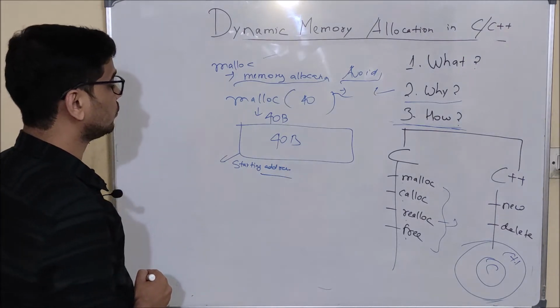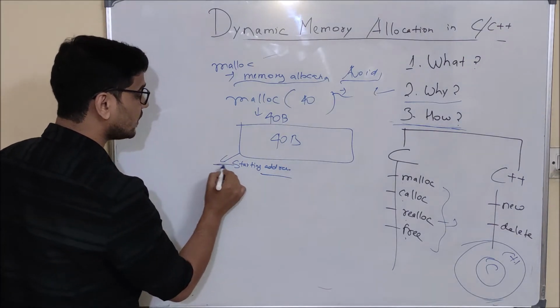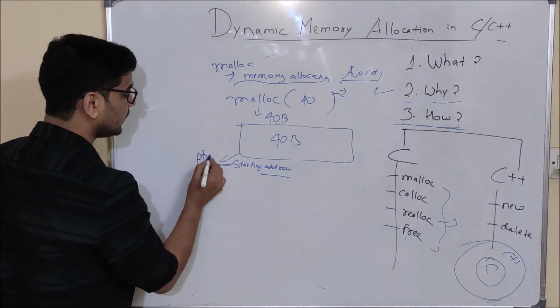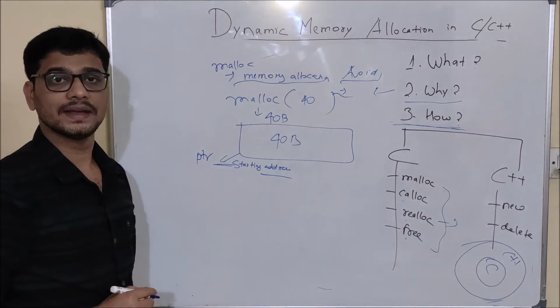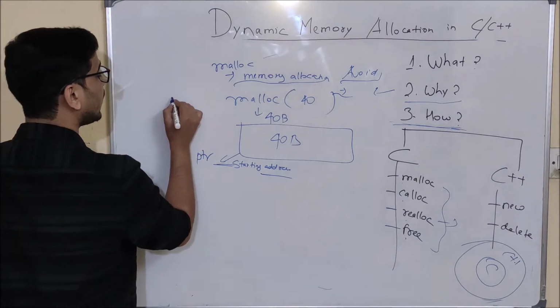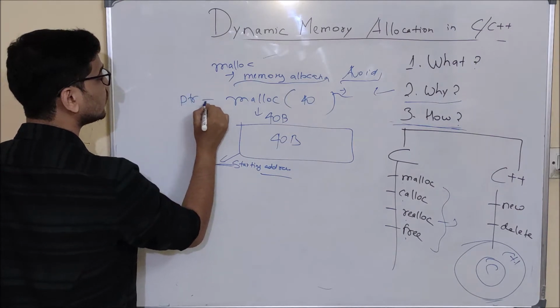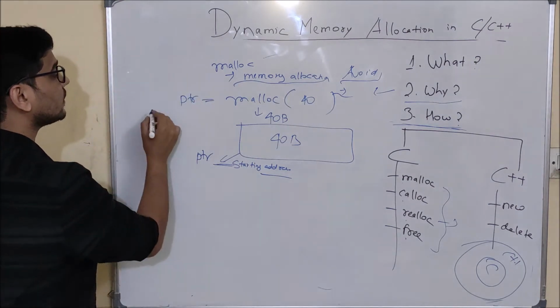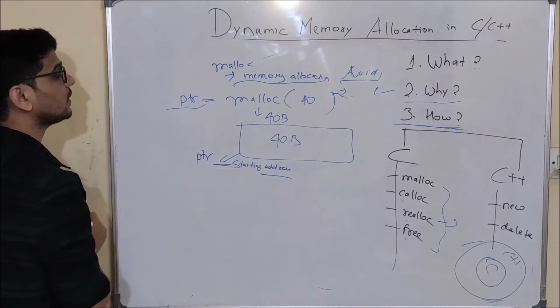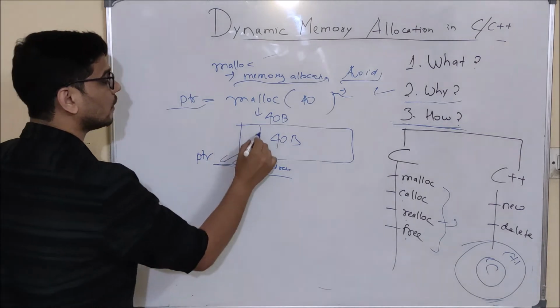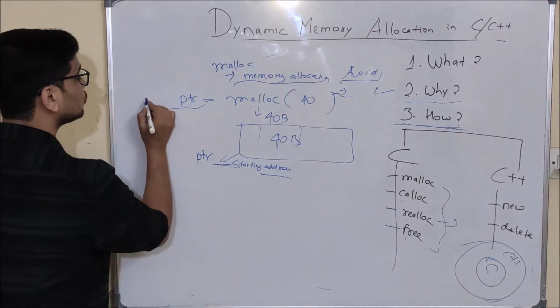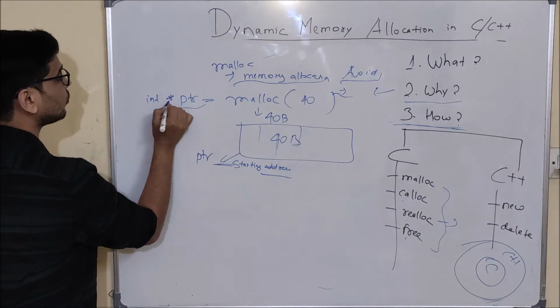And what are we going to do after that? As it is an address, I need a pointer to store it so that we can use it. So I will declare a pointer here. What will be the type of this pointer? Suppose I want to store integer here, so I will declare an integer pointer.